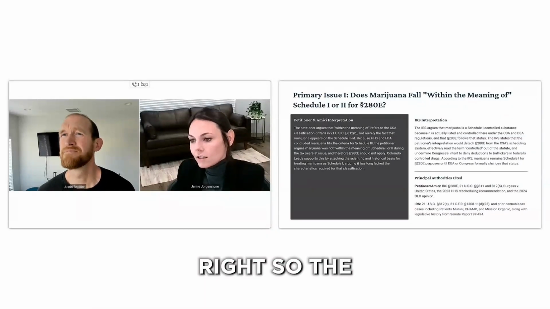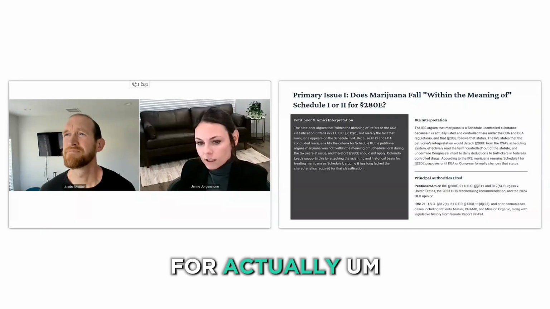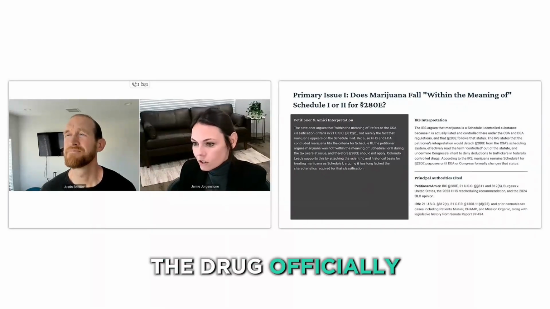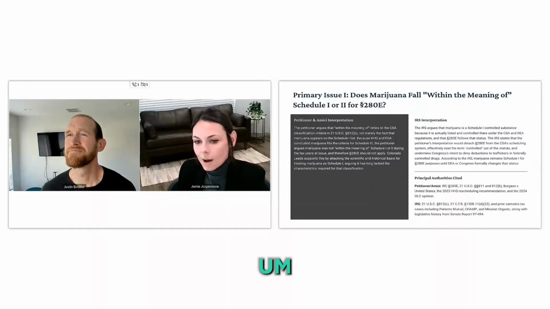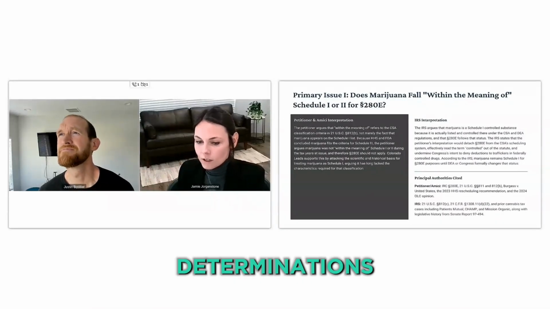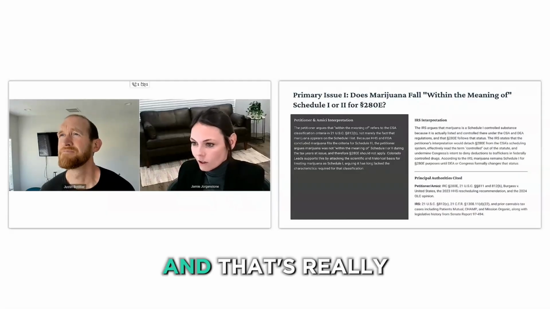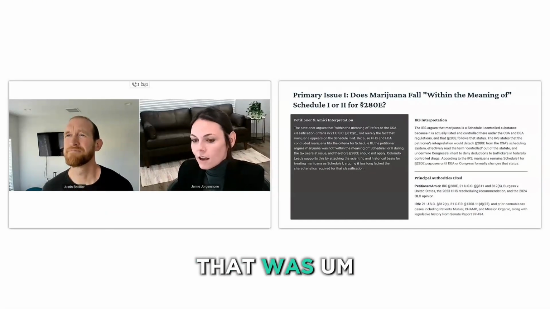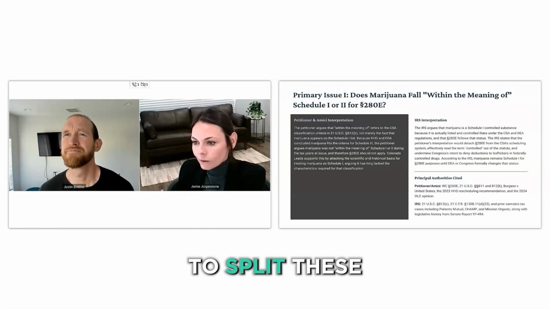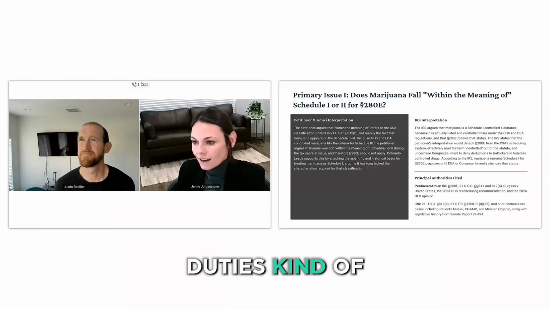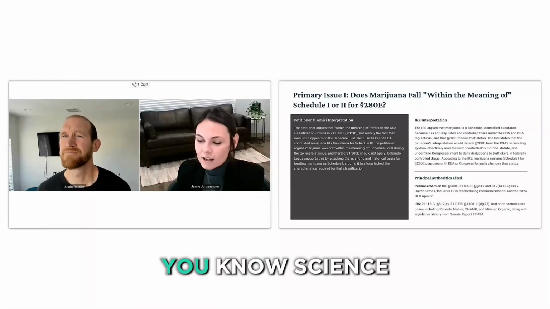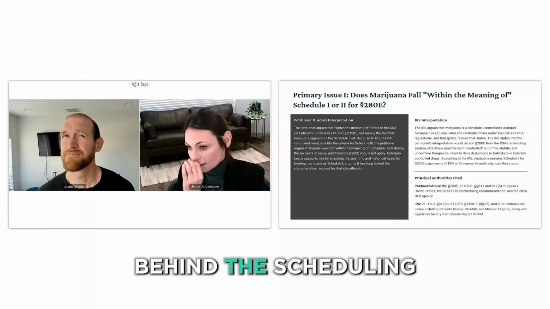The DEA is responsible for officially rescheduling the substance, but it is bound by the medical and scientific determinations of the HHS. That's really important. Congress's intent was to split these duties into two parts: one is the enforcement and one is the actual science behind the scheduling.